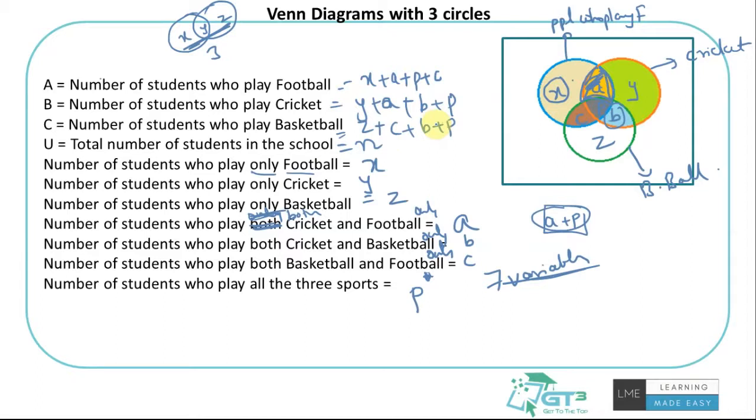That's how you will figure out the answers. And once you can connect all these statements properly with variables you assume, they'll give you some clues. You can just say the number of students who play football is 50. I substitute here and solve and find these variables and answer the given question.